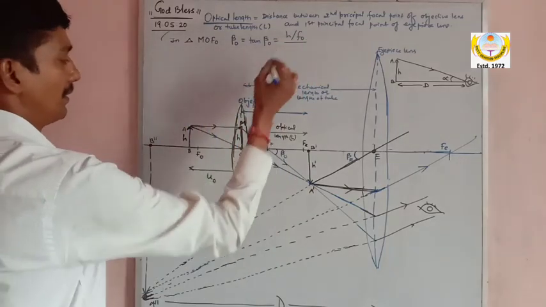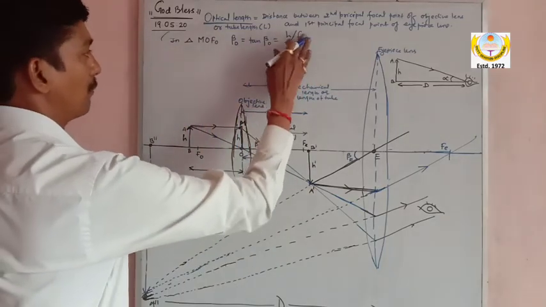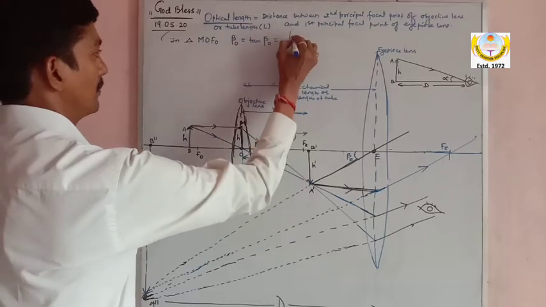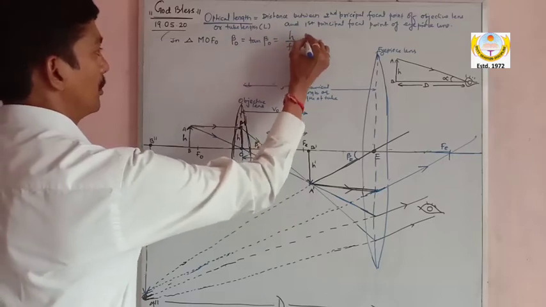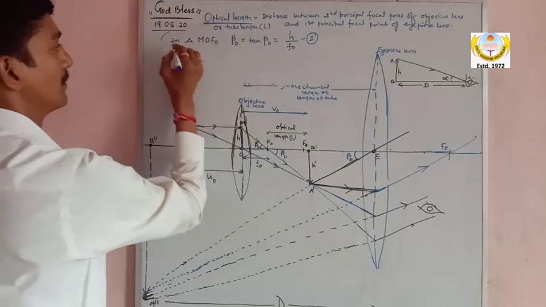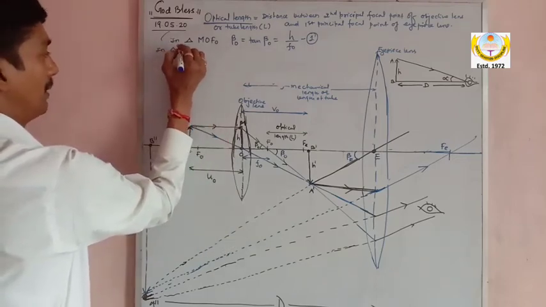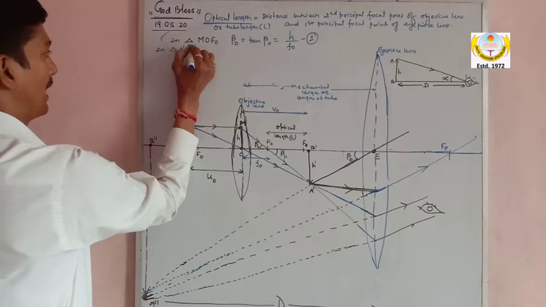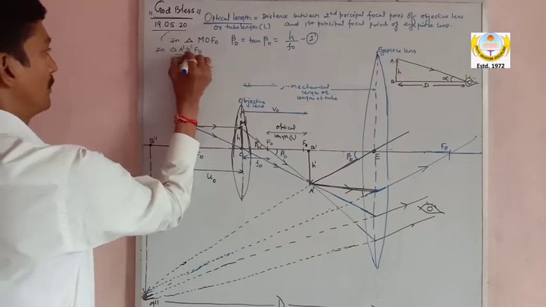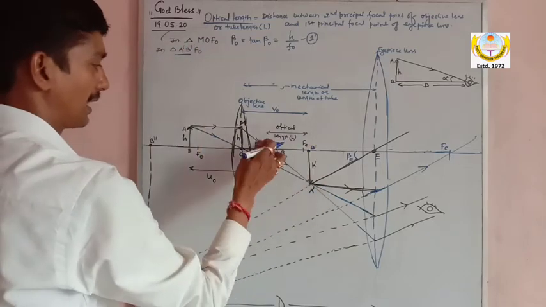Am I clear? H by FO. Put this as equation number 1. Similarly, my dear, in the triangle, you can see the image is forming, A dash B dash FO.